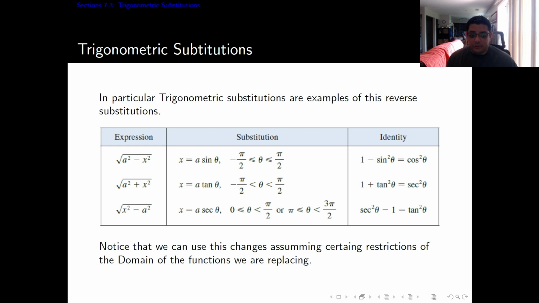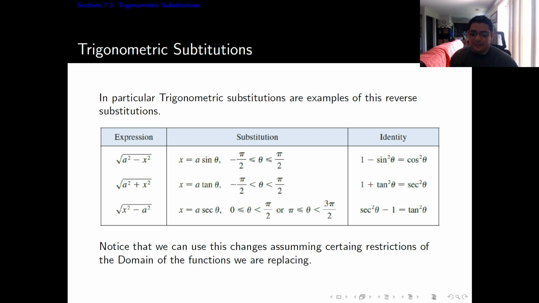We need to take into account that we're probably going to use the identity 1 minus sine squared equals cosine squared. In the same fashion, if we have a term a squared plus x squared, or square root of a squared plus x squared, then we use x equals a tangent of theta. And likely the identity that comes into play is 1 plus tangent squared of theta equals secant squared of theta.